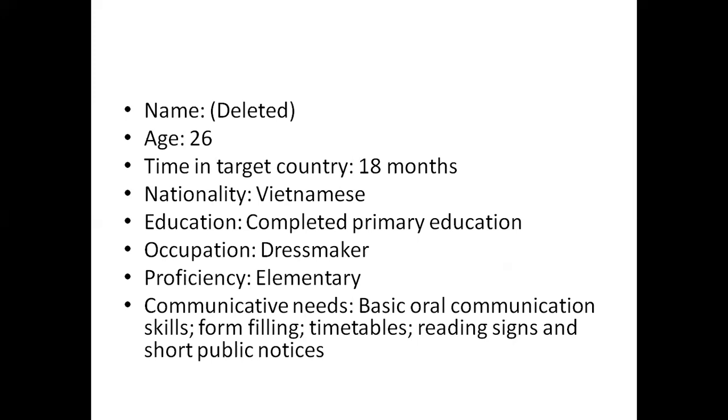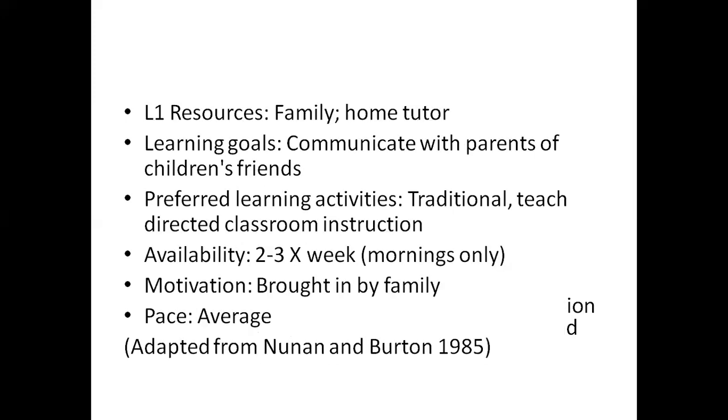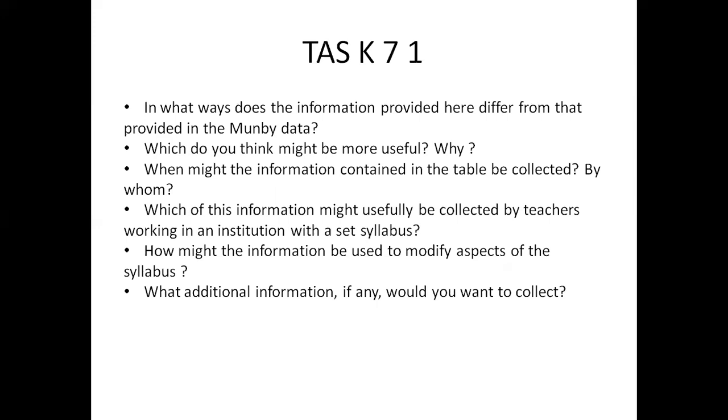So this dressmaker has to gain the ability to communicate with the parents, children, and the children's friends. So that is his basic requirement. The question is: in what ways does the information provided here differ from that provided in the Manvi data?